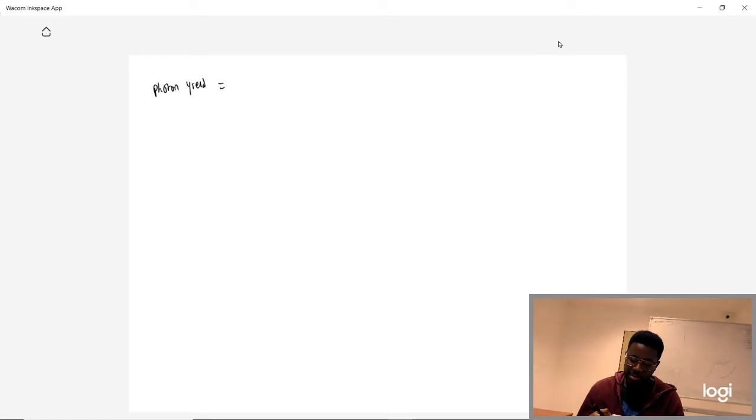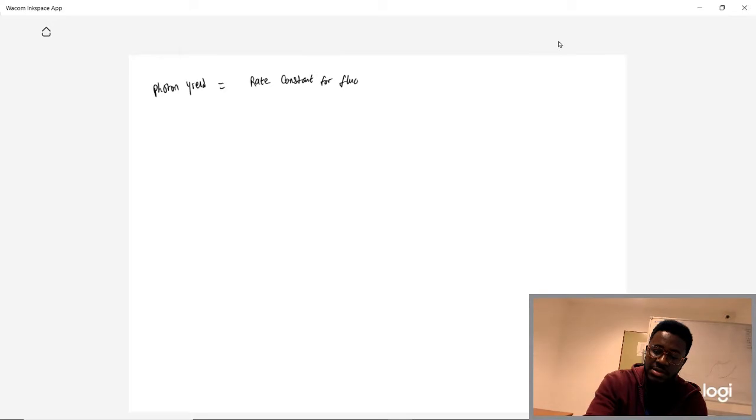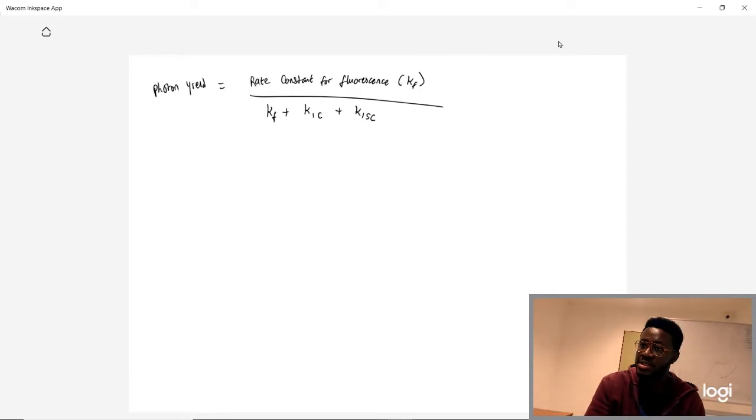Fluorescence is the radiative one. So the photon yield is equal to the rate constant for fluorescence, Kf, over the rate constant for fluorescence plus the rate constant for internal conversion plus the rate constant for intersystem crossing. That is the photon yield.